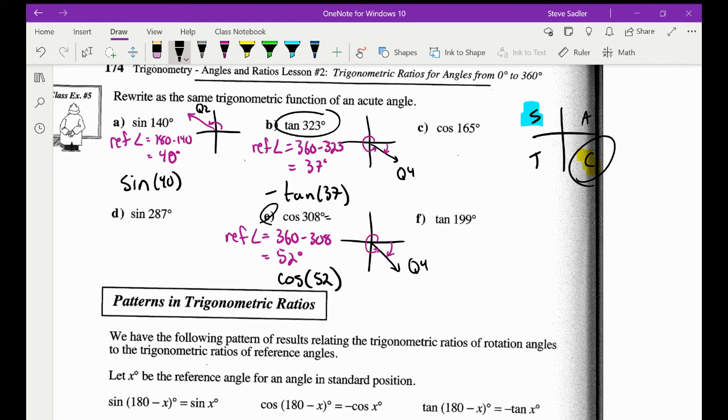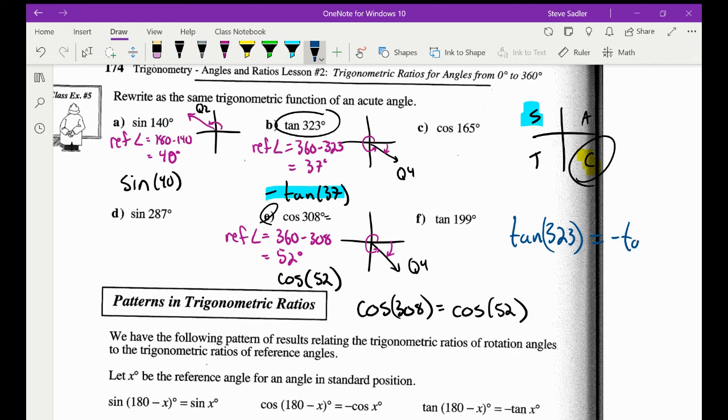If you do cos of 308, it should equal cos of 52. If you do from over here, tan of 323, it should equal negative tan of 37. And you can check those on your calculator if you want to.